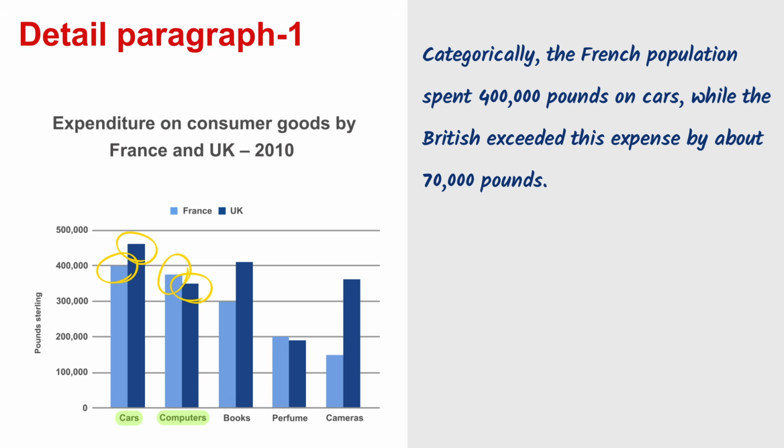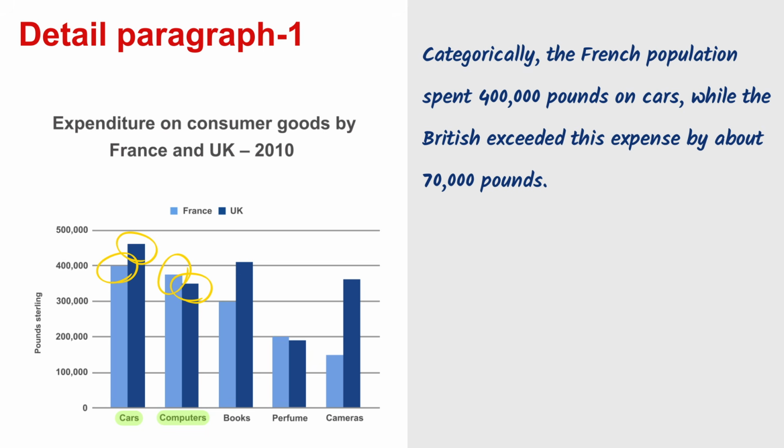This is a very good word. So I write about the difference. I could also write, for example, it was around, let's say, 170,000, but I write about the difference here, all right, by about 70,000 pounds. So the British exceeded this expense by about 70,000 pounds.